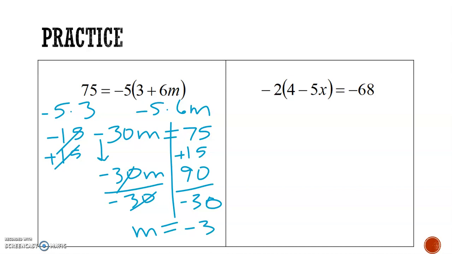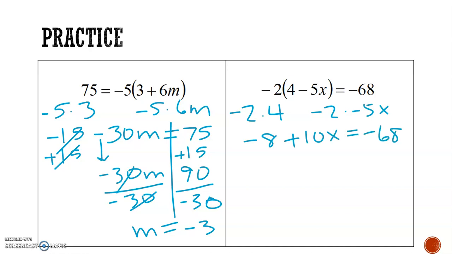And our last one, we have negative 2 times 4 and negative 2 times negative 5x. Okay, so then we have negative 2 times 4 is negative 8. Negative 2 times negative 5, that is a positive 10, so plus 10x. And that equals negative 68. So that's a minus or a negative 8 right now, so we're going to add the 8 to the other side.